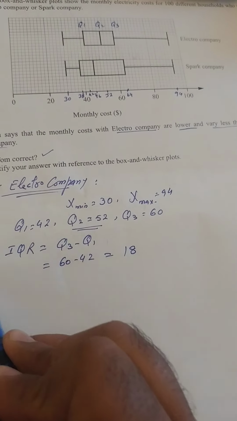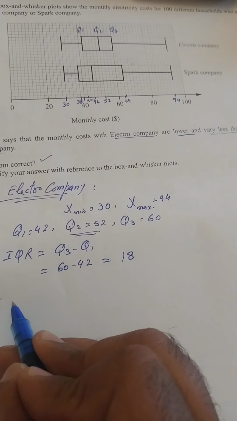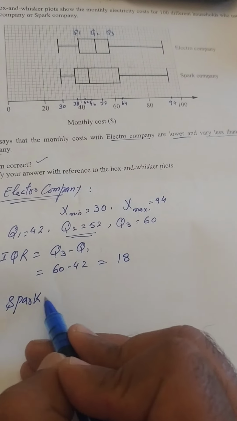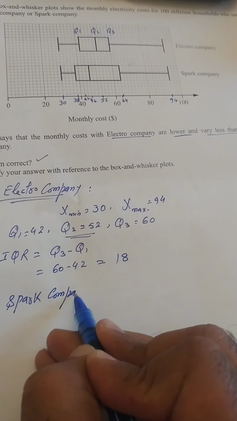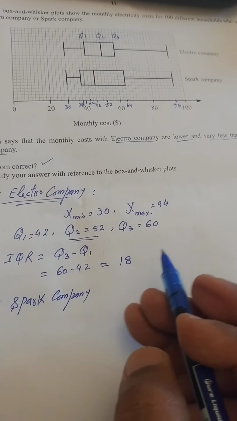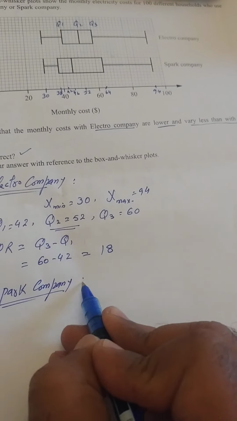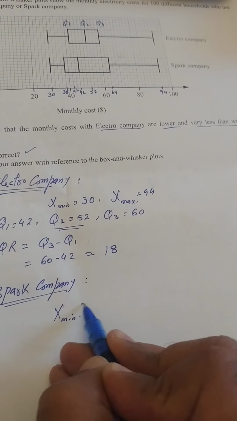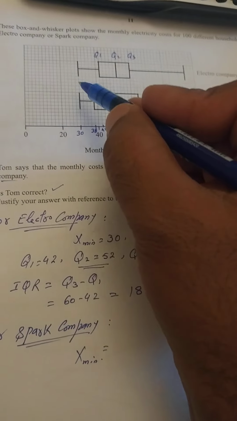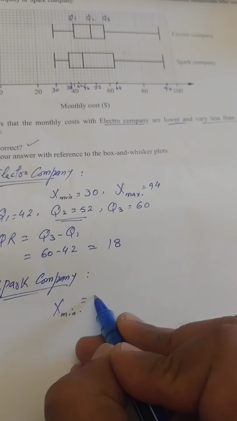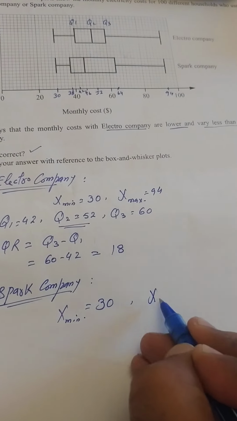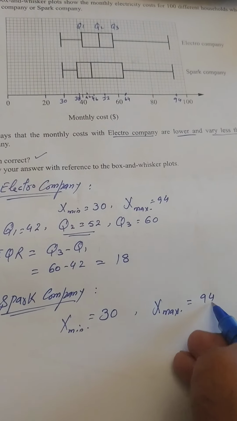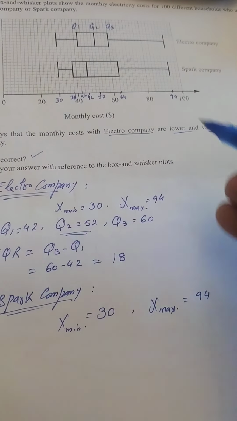Okay, similarly for the other company, that is Spark. Let's see what is given. X minimum is here the same, 30. X maximum is the same, 94 here.